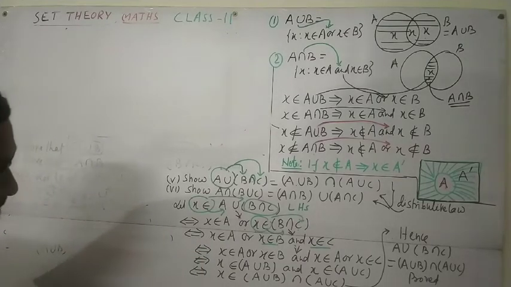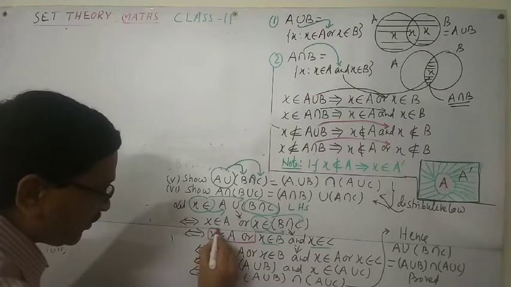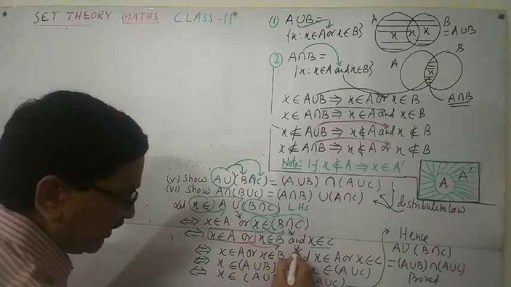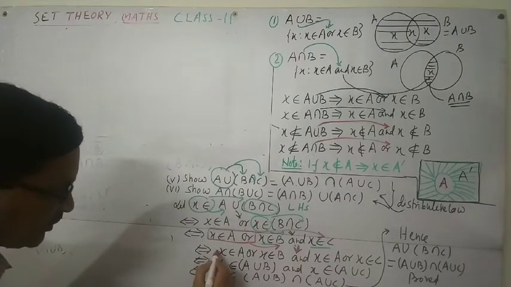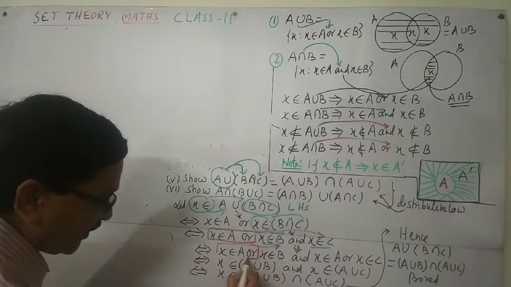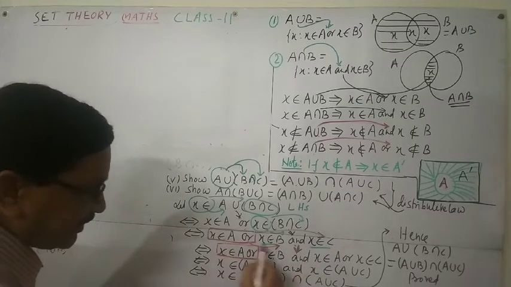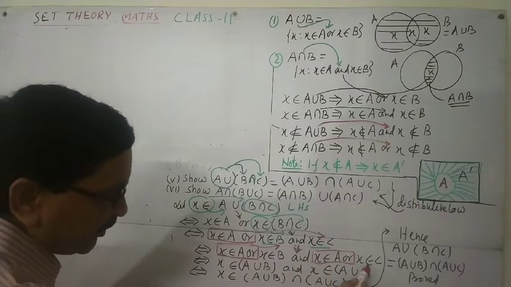Major step: this whole thing is being taken with this and usual, and the whole thing is being taken with this. So this whole thing has been taken with x belongs to B, and the whole thing, this x belongs to A or, is taken with x belongs to C.